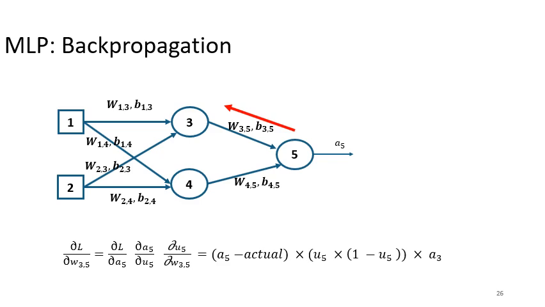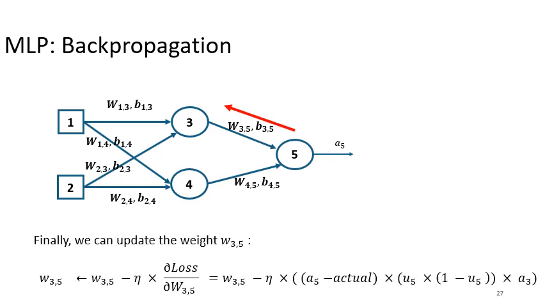This expression represents the gradient of the loss with respect to the weight W35, and it provides crucial information for the backpropagation process and the adjustment of weights in the neural network. As we have said before, this derivative will be multiplied by the learning rate, and the result will be subtracted from the old weight. This is what we will see in the next slide.